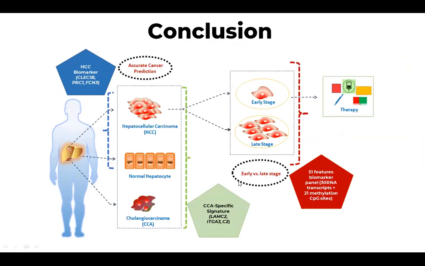Then we identified a 3-gene based cholangiocarcinoma-specific transcriptomic signature that is capable of discriminating CCA samples from HCC and normal with an accuracy of nearly 90%. Lastly, we identified a biomarker panel of 51 features that include 30 RNA transcripts and 21 methylation CpG sites to predict hepatocellular carcinoma at an early stage.